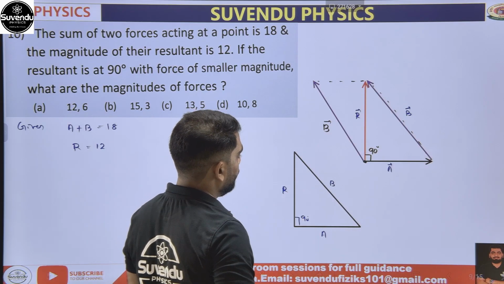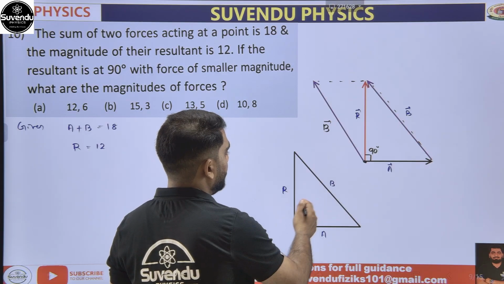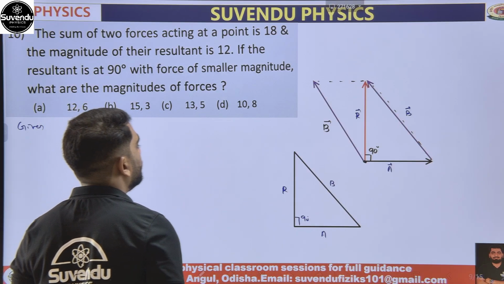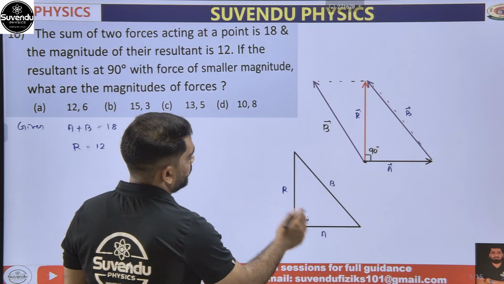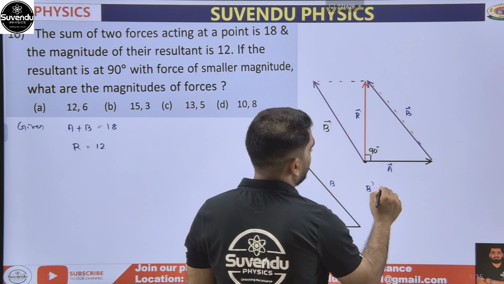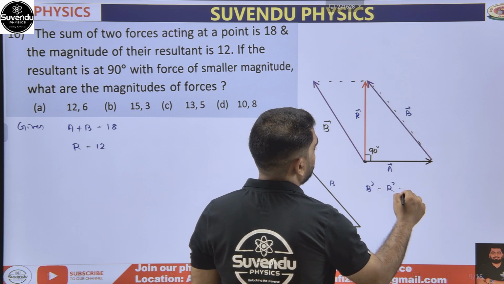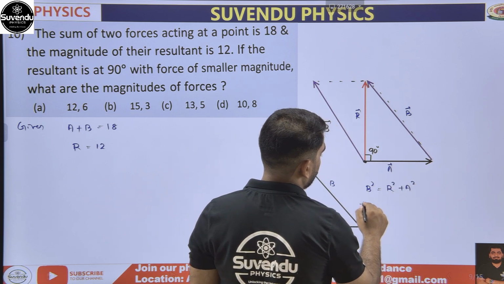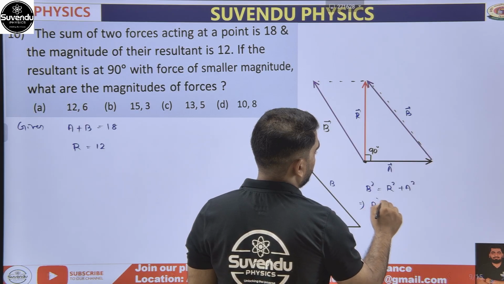What is the value of B square? Tell. B square is equal to what? R square plus A square, no? As per Pythagoras theorem, B square is equal to R square plus A square. So R square is how much?